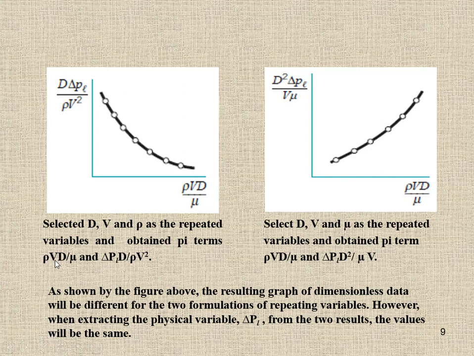When we experimentally describe the relationship between these two dimensionless parameters, we got a graph like this, because our objective was to determine the pressure drop along the length, or per unit length. When we selected d, v, mu as the repeated variables, we got these two dimensionless parameters. When we draw an experimental relationship between them, we got a graph like this.